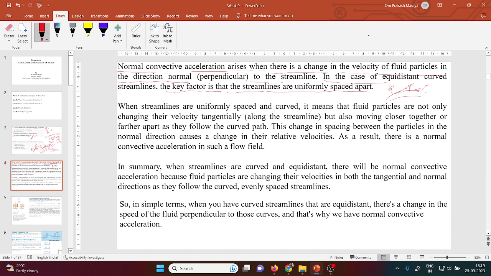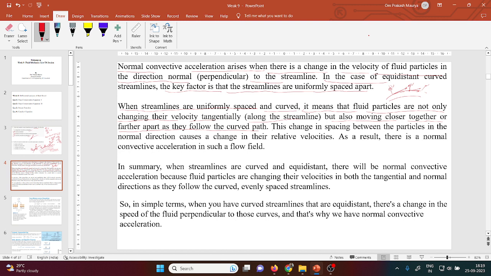When streamlines are uniformly spaced and curved, it means that the fluid particles are not only changing their velocity tangentially along the streamline, but also moving closer together or farther apart as they follow the curved path.